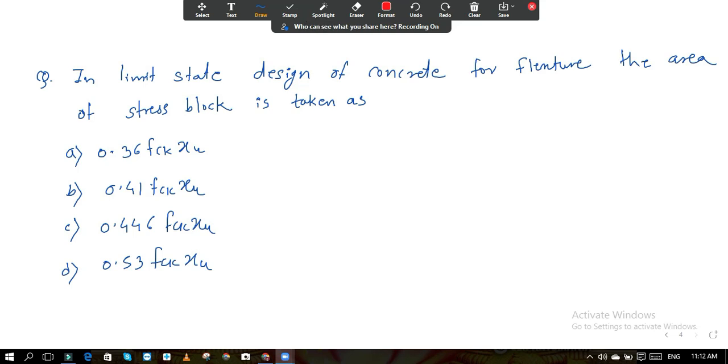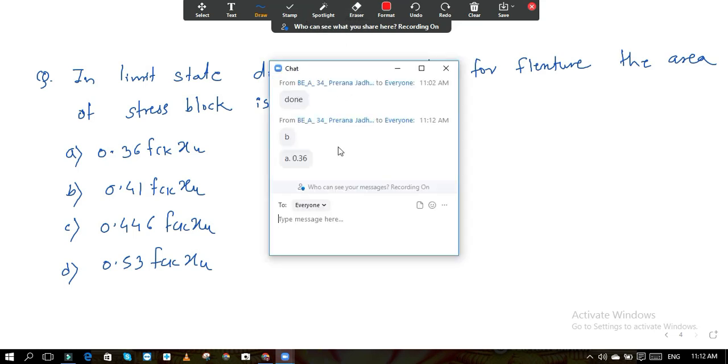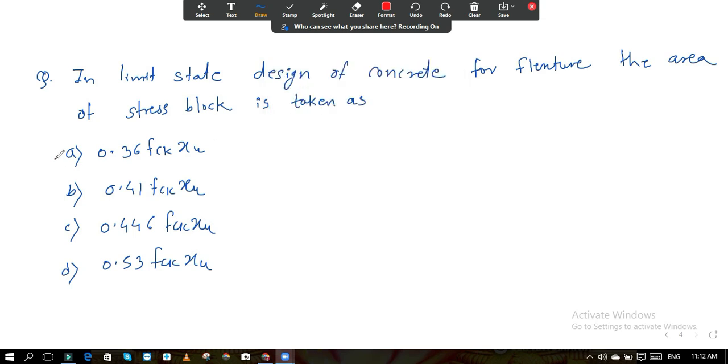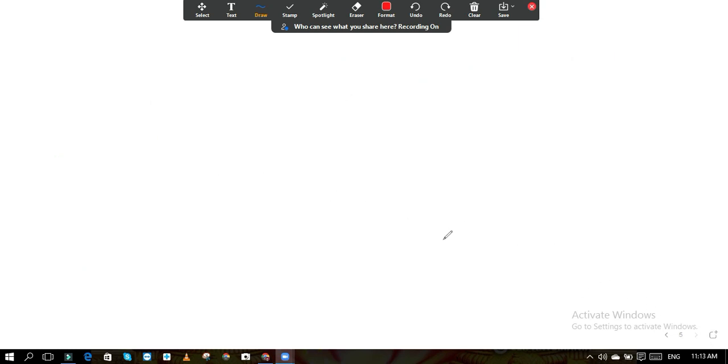This derivation is there in your book. Answer is A, correct. So the answer of this question is A, 0.36 FCK into XU. Okay. So the next question.